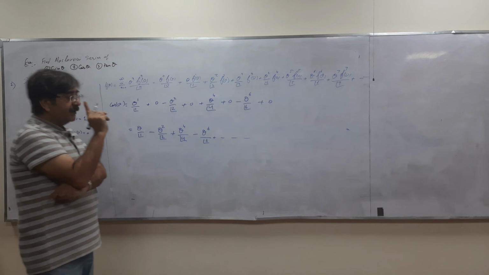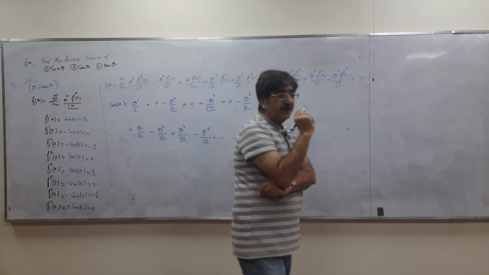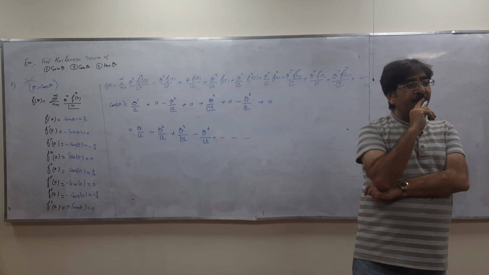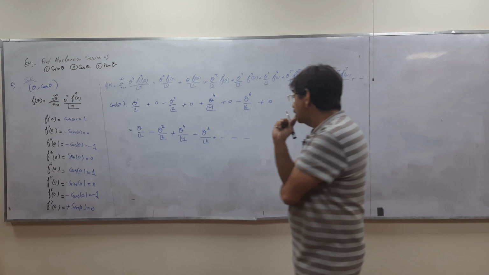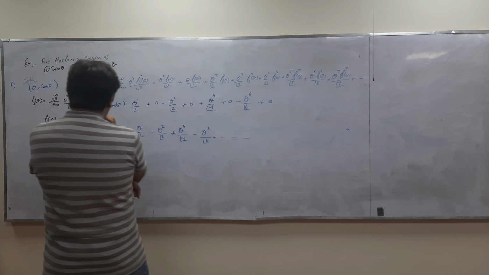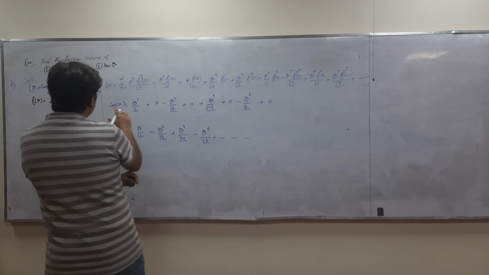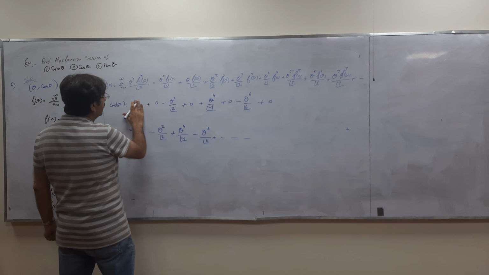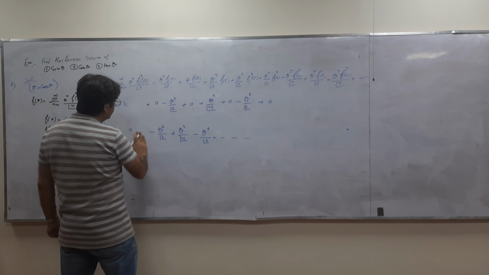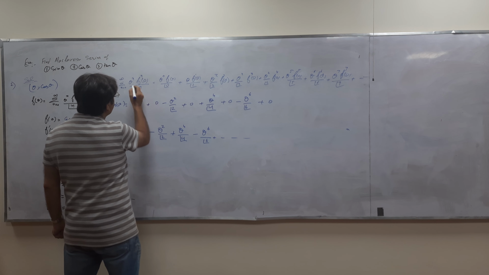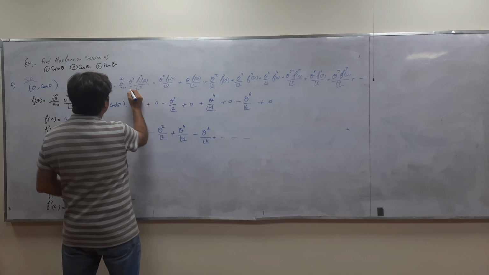Here is some problem. What is the problem? In the case of cos theta, the first term is theta to the power 0, which is 1.